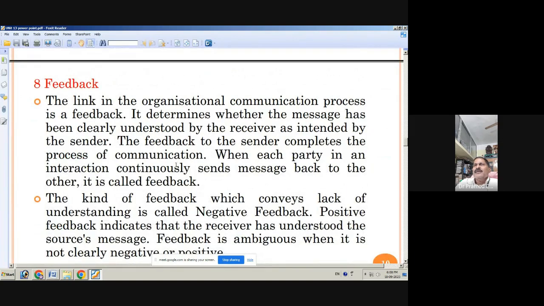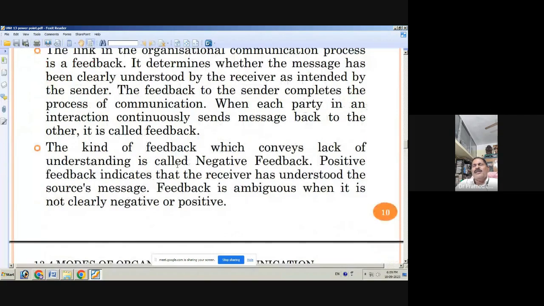Feedback is nothing but the intention is to continuously send the message, and while sending the message we are also getting some sort of feedback. The feedback may be negative or positive, and you know that positive feedback indicates that the receiver has understood the source of the message.